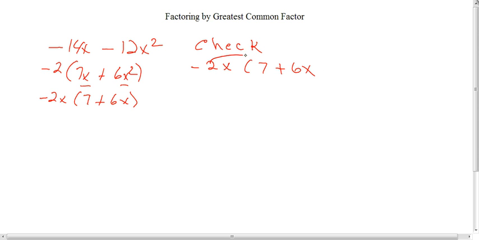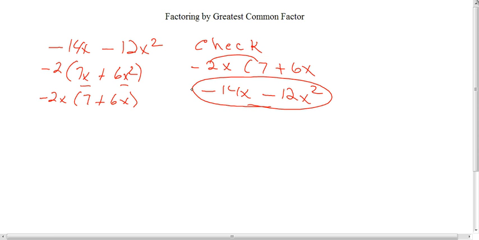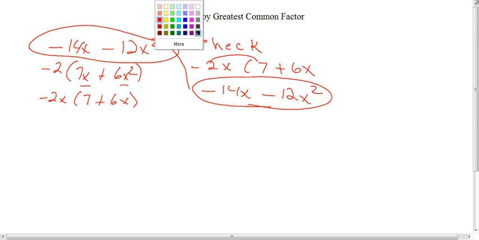So we would take a negative 2 times 7, and that's going to give us a negative 14x, and then a negative 2 times a positive 6x, and that's going to give us a negative 12, and x times x is x squared. So again, our check comes back to our original problem, and we can be sure using this distributive property that we factored correctly.